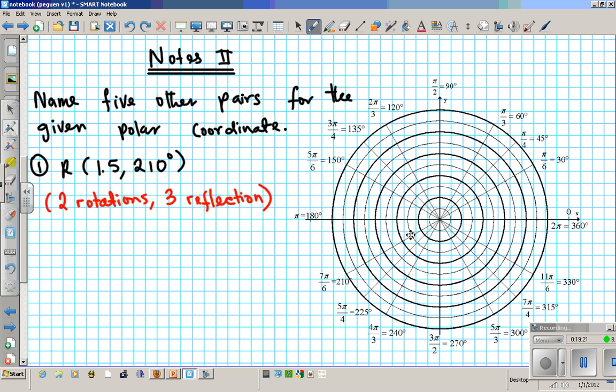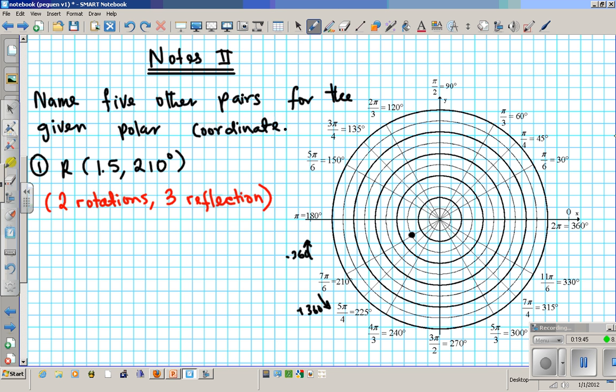So if I can rotate up or rotate down, okay? If I rotate up full circle, I just need to subtract 360. If I rotate down full circle, I just need to add 360. So if I add 360 and subtract 360 from this angle, that gives me 2 points per rotation.